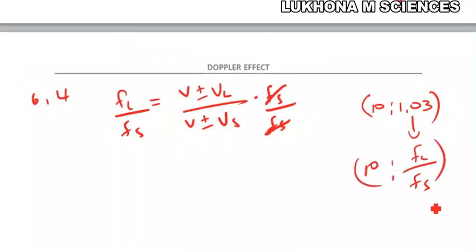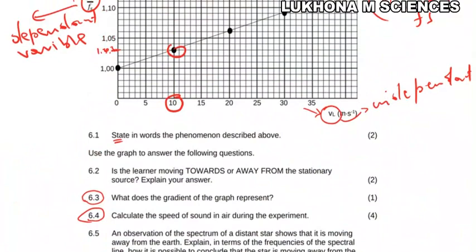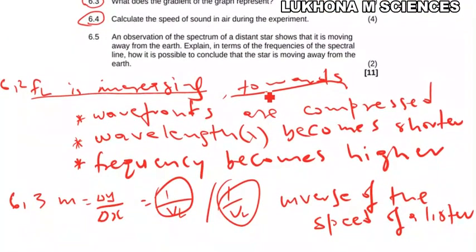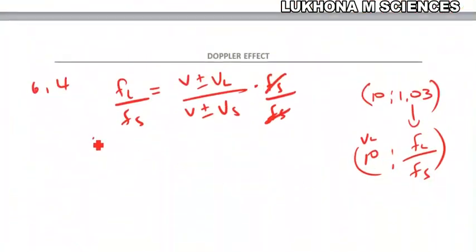Now we can substitute. This one is VL. Which sign are we going to use? Is the listener moving towards or away? We said towards.